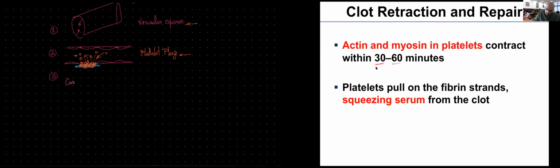is the coagulation. And remember, in the coagulation process, what I'm intending to do is to fill this injured site with a thick fibrous mesh that is going to be stable, much more stable than the platelet plug, and will allow me to repair my injured vessel.